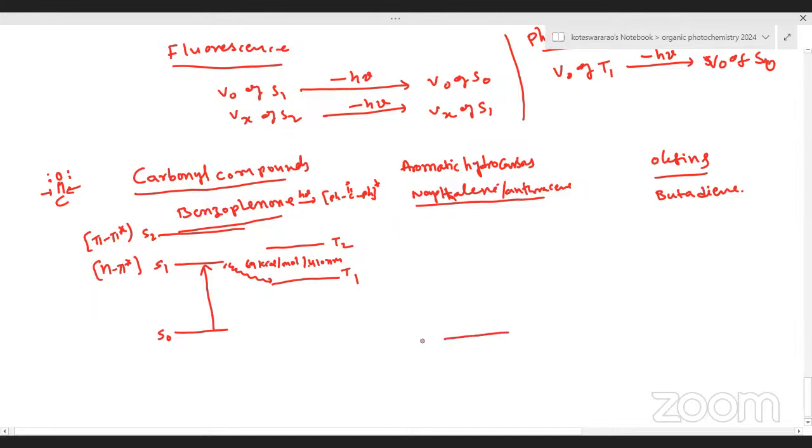Suppose this is the ground state of naphthalene or an aromatic hydrocarbon, and these are the excited states. This is the S1 level, this is the S2 level, and the gap between S1 and S2 is also very large. Their corresponding triplet states are T2 and T1, but not nearer; there is some distance.